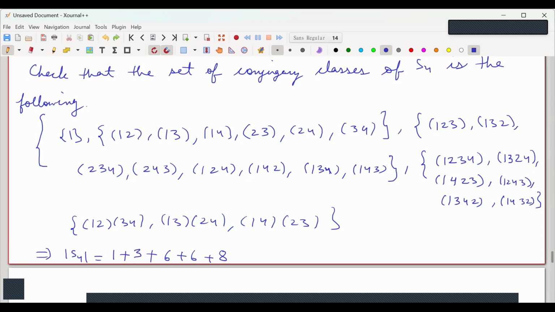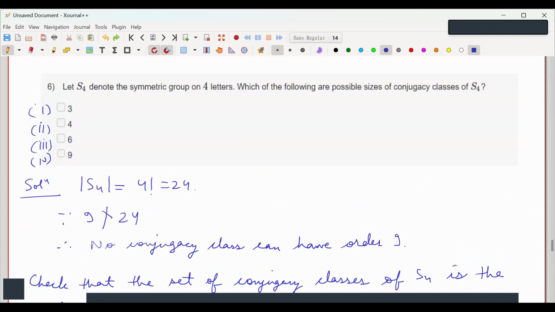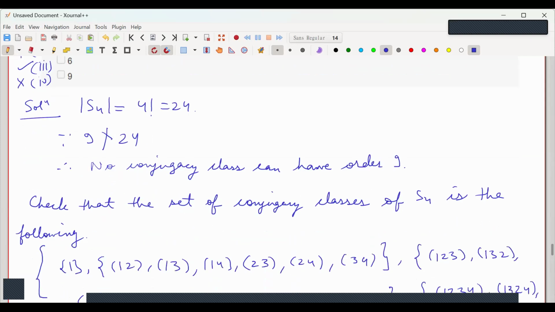So this is the class equation, which implies 4 cannot be possible. Even if you do not write the class equation, you can conclude from here. So 4 cannot be a possibility, 9 is also not a possibility, and 3 and 6 are the possibilities, right?